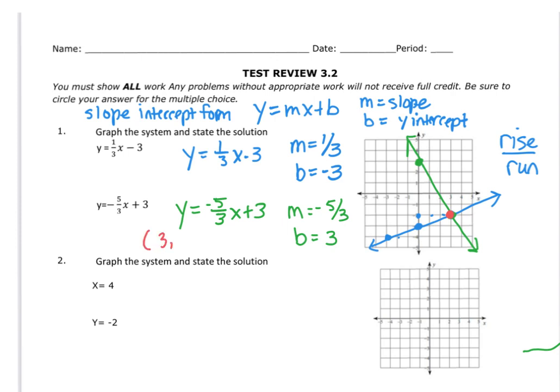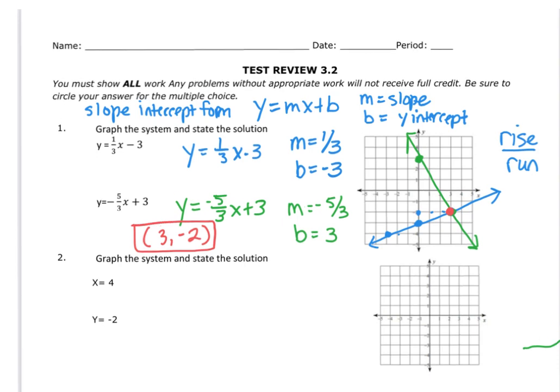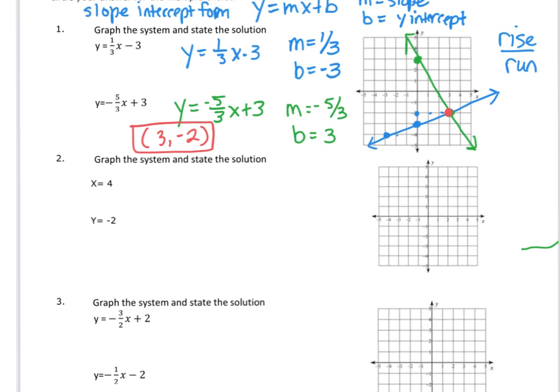Sorry, having problems over here. Okay, so that is the solution to my system of equations. Okay, so let's go on to the next question, number 2.